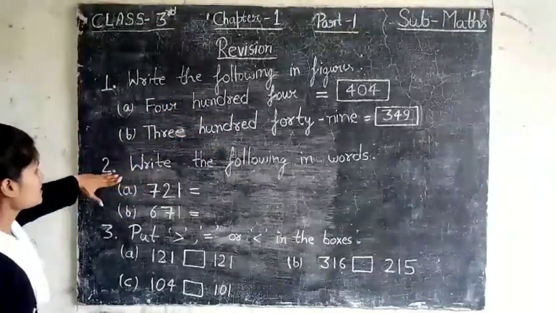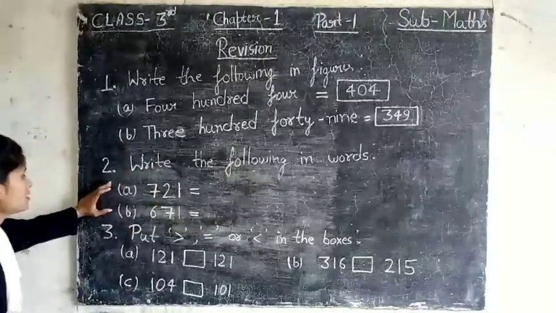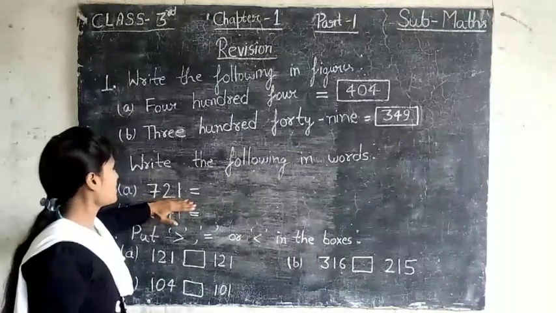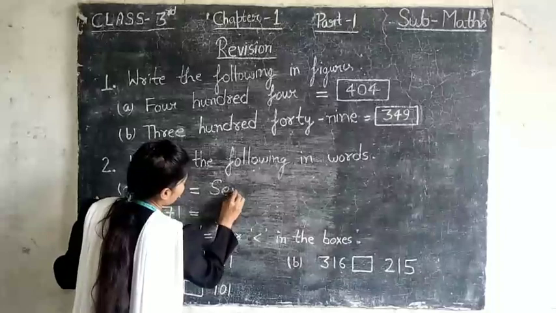Question number 2 is write the following in words. The first question of the second part is 721.